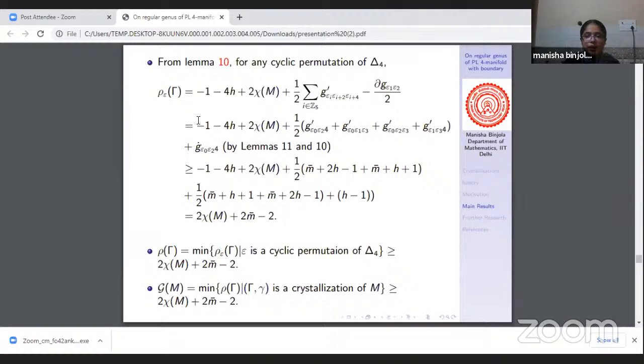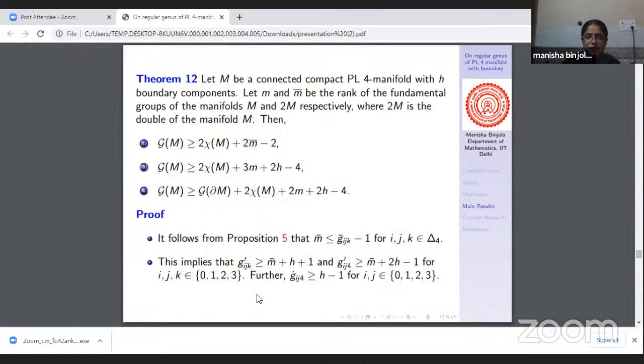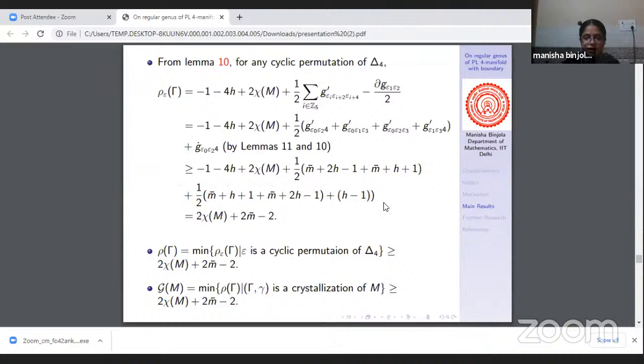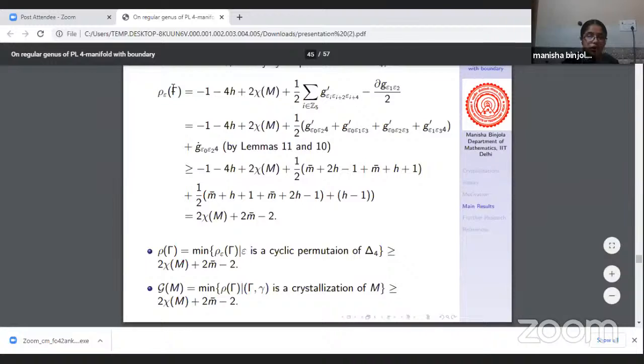We put in lemma 10, then using lemma 11 and 10 we get this, and then putting these things here, we get the lower bound for rho epsilon gamma.